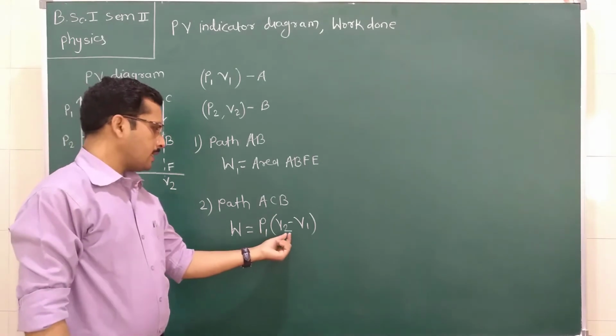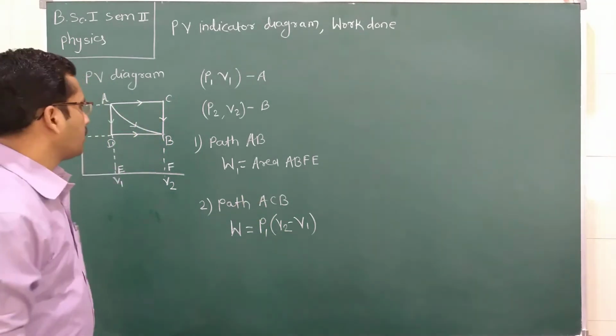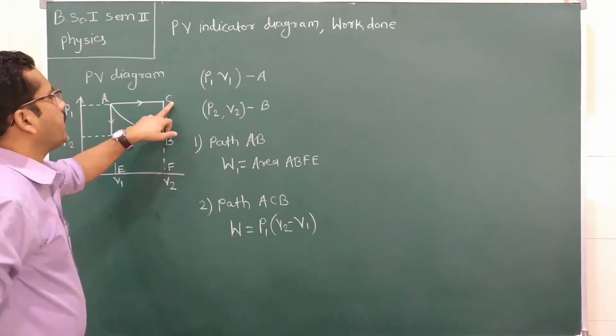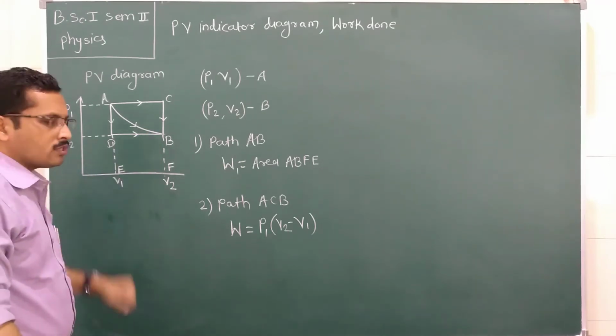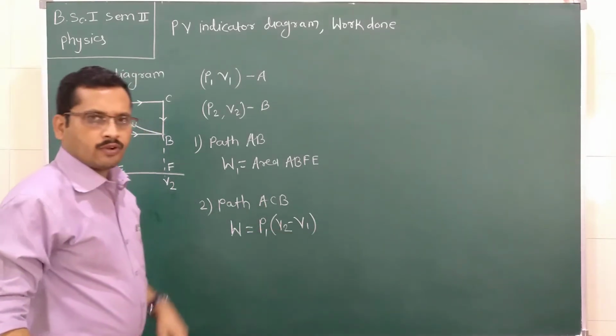The volume change is V2 minus V1, multiplied by the pressure P1. Now, when the state travels from C to B, the volume remains constant. The volume remaining constant means the work done is equal to 0.